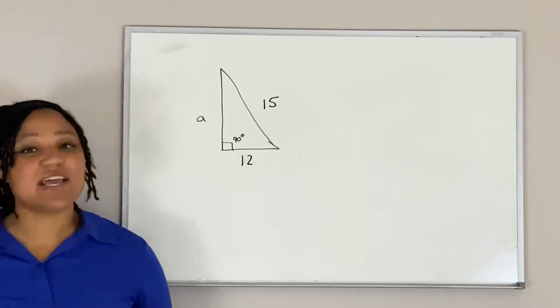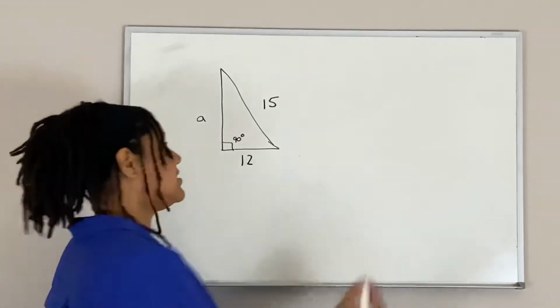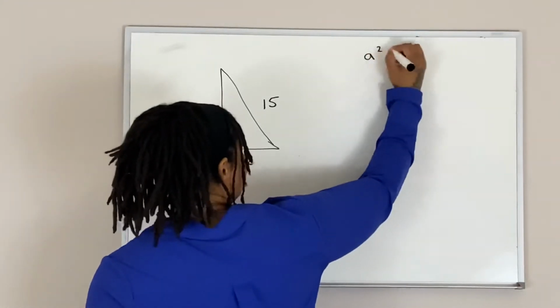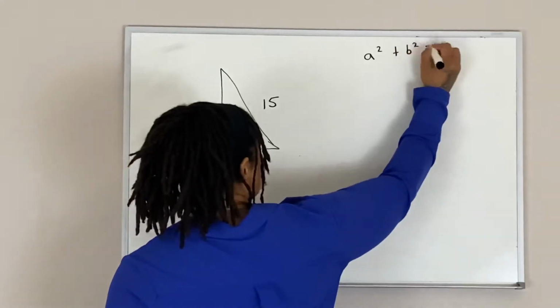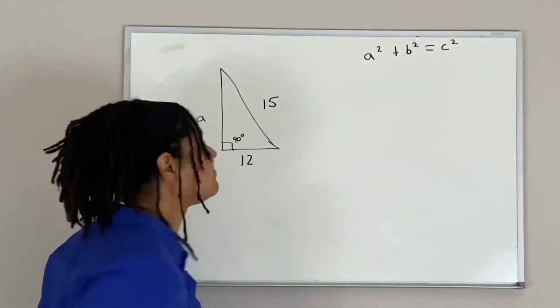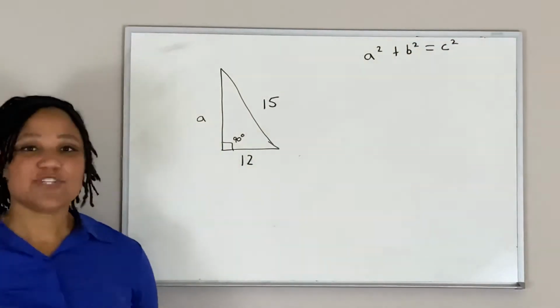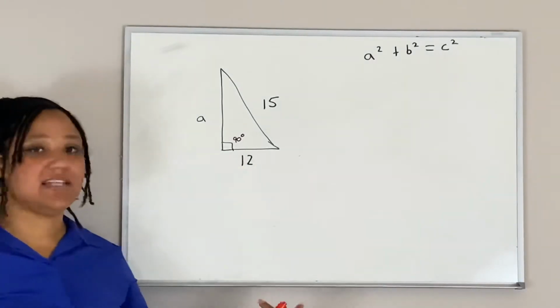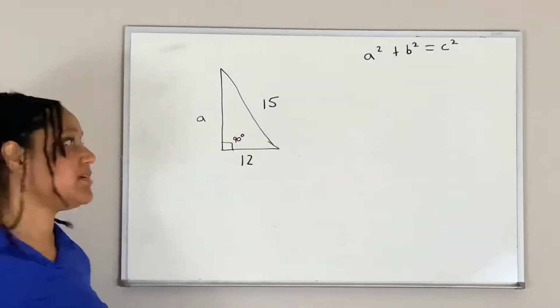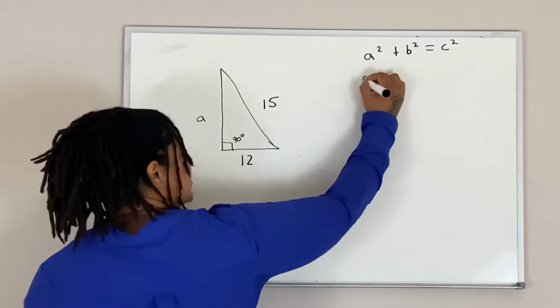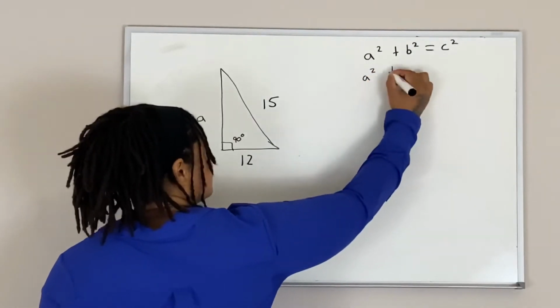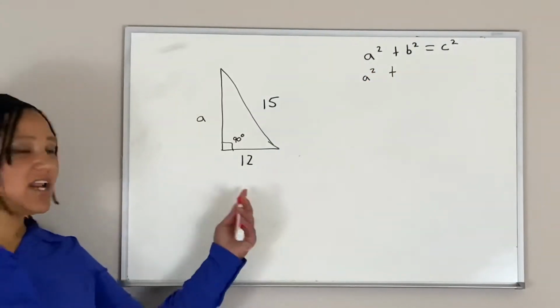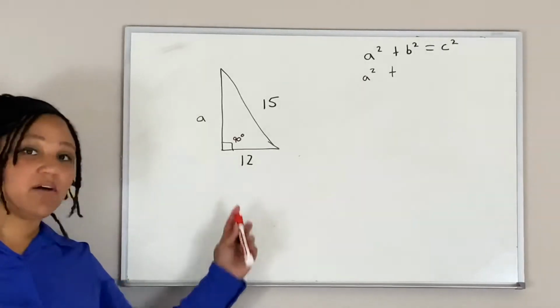So once again, we're going to write the formula out. A squared plus B squared is equal to C squared. So now I'm just going to plug in my values. So A squared is what we're trying to find. We said our B is going to be 12.